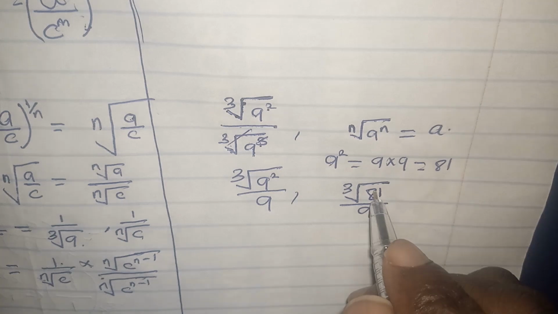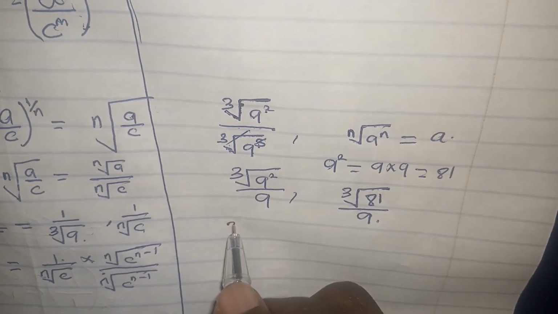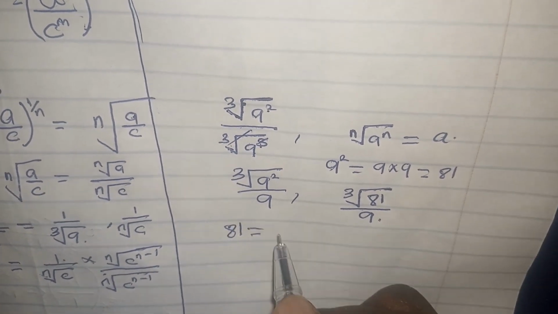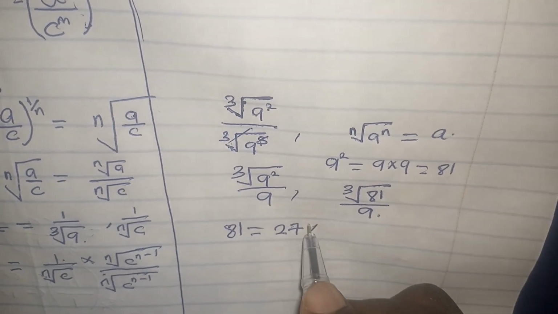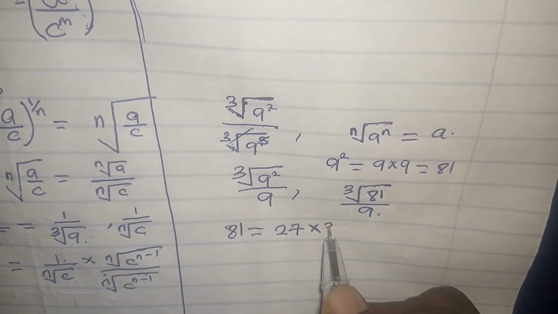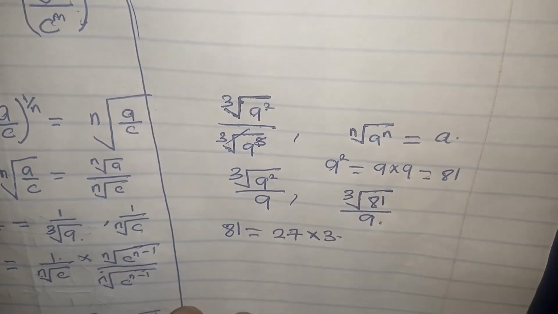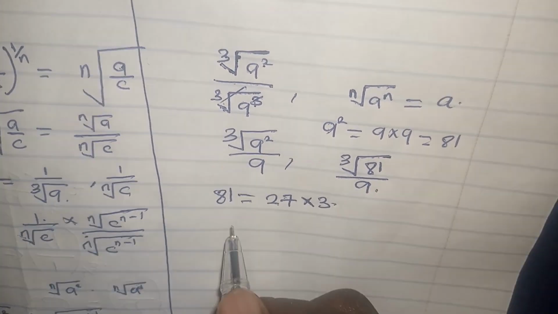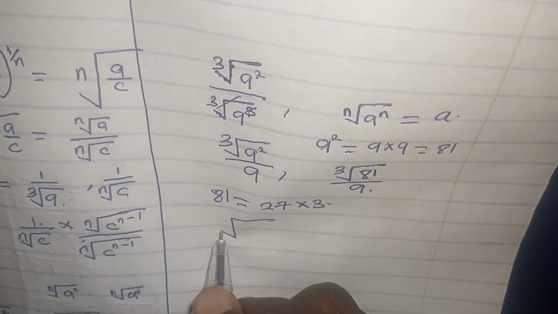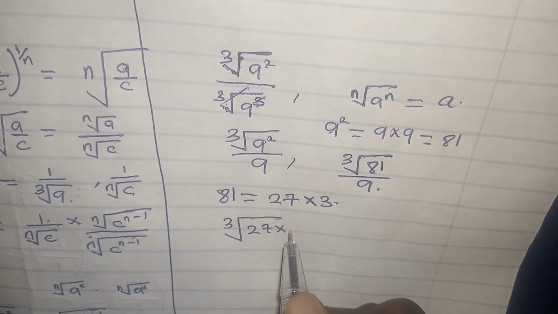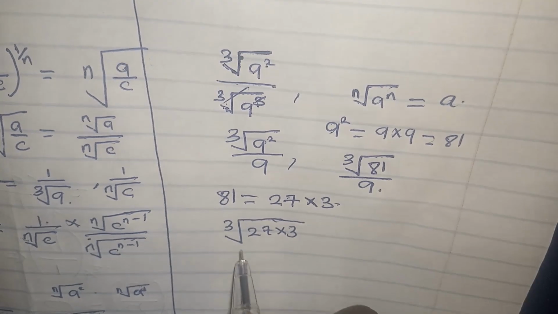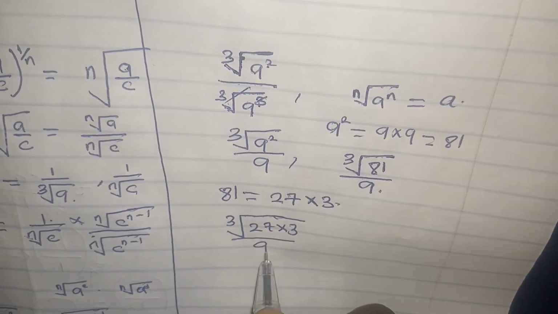So from here we can write 81, our 81 is also equals to 27 times 3. So at this part we are going to say the cube root of 27 times 3, over 9.